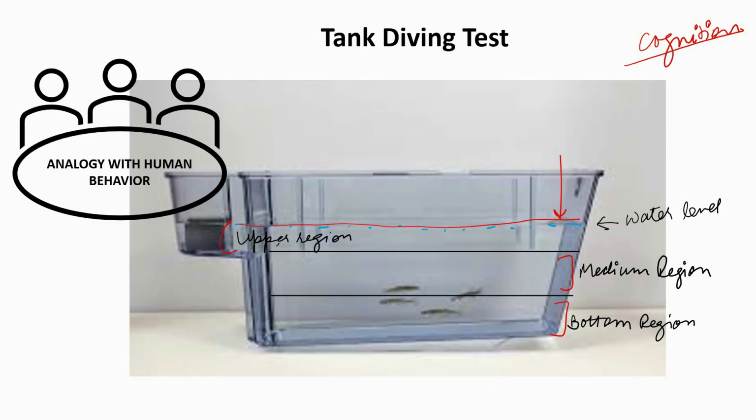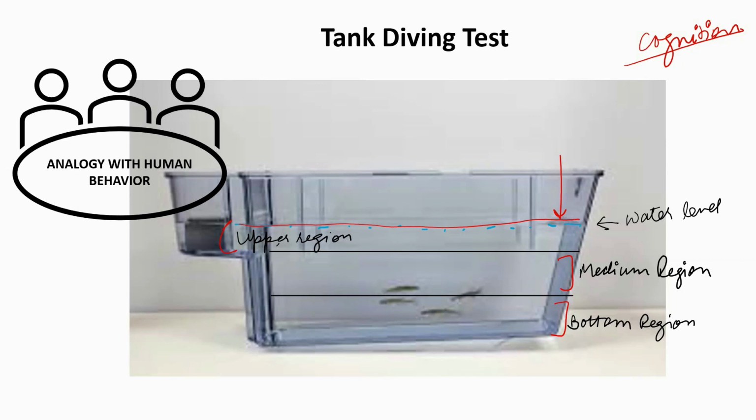Now let's learn about the analogy with human behavior. If you are in a danger sort of situation, you would want to hide yourself and go away from the danger, right? So you will always find yourself in the area which is safe for you, and the area safe for the fish is the bottom region. So at least our subject is thinking that we are not going to harm them.